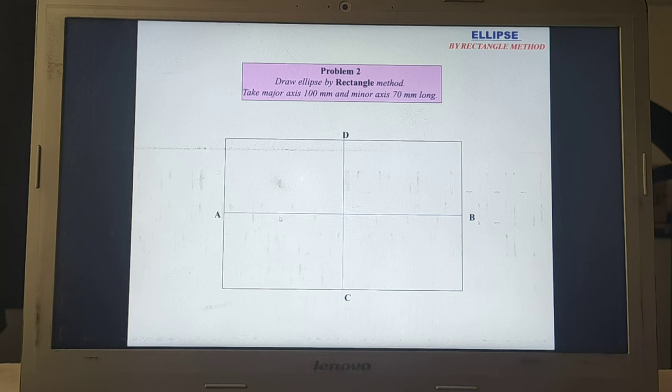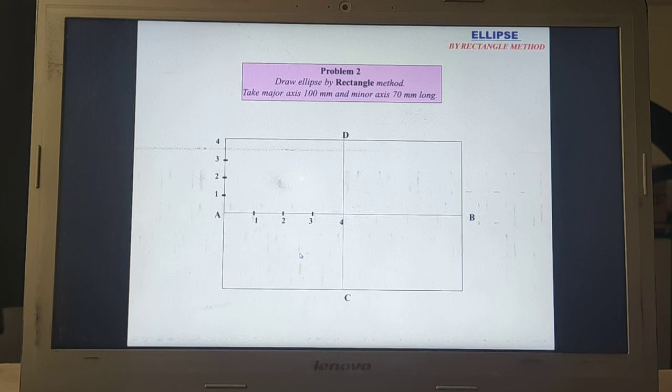As this is 100 mm, this will be 50 mm. Let us divide this into an equal number of parts, for example 4 parts. If we divide this into 4 parts, this also we need to divide into 4 equal parts.